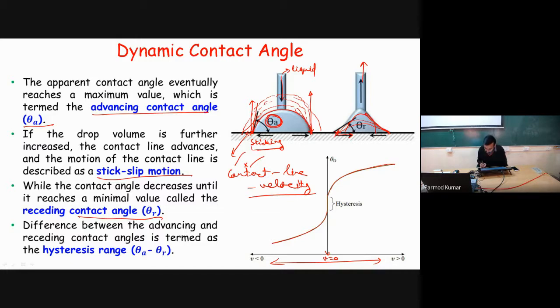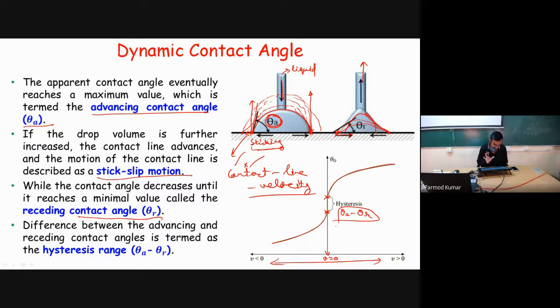Corresponding to 0 velocity, we find that we have some hysteresis of contact angle. It means if we move in the advancing direction, it advances at some higher value of angle, and if we do receding, it recedes at some lower value of angle. So this difference, theta A minus theta R, is called contact angle hysteresis.